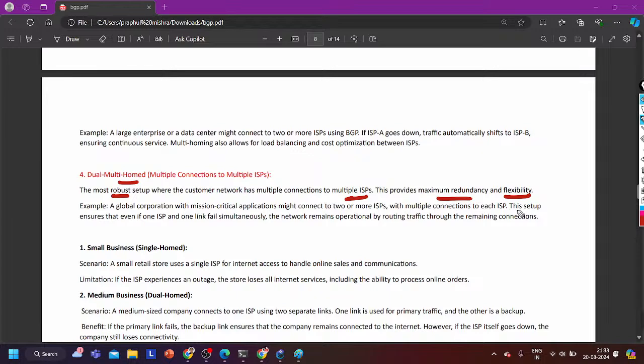You can have multiple, like from ISP1 I have two connections, right? From ISP2 also I have two connections, not only one connection for one ISP. We can have multiple connections from one ISP. This setup ensures that even if one ISP and one link fail simultaneously, the network remains operational, right? So if an ISP goes down, or a link goes down, there is no problem at all.